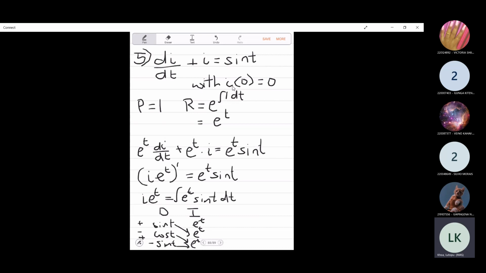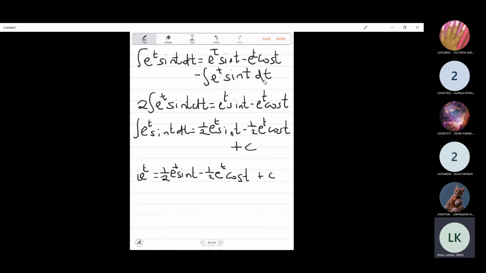So now we substitute t is 0 and the value of I is going to be 0 as well. So what we will have is 0 here, because I is 0.